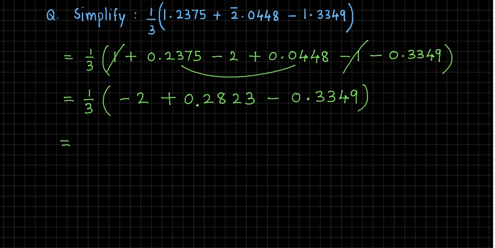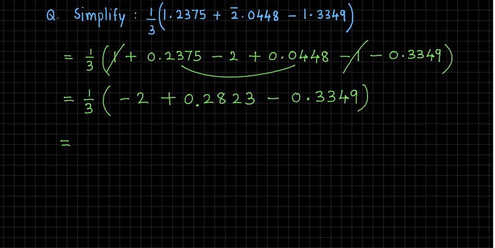That further equals 0.2823 minus 0.3349, as we will definitely be thinking of doing the subtraction. But if we anticipate a little bit, we will come to know that the subtraction of these two numbers will definitely be a negative number, because we have a smaller number minus a larger number, and we don't want the negative mantissa in the result.